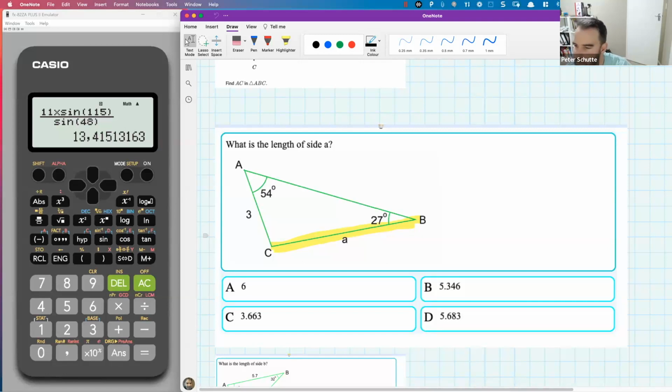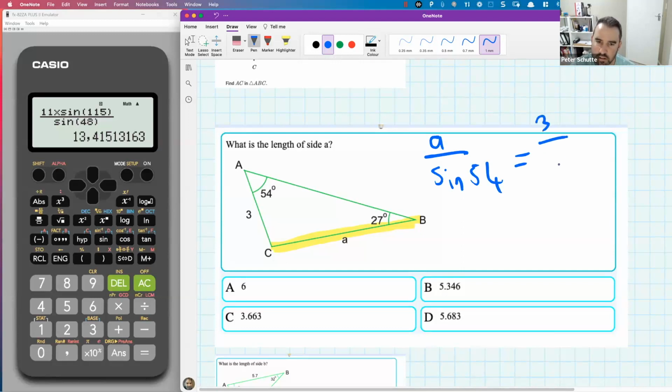Okay, Cass, so you voted for that, but not all the same. I don't know what the answer is. I'm going to have to work it out, but let's see. A over the sine of 54 is equal to 3 over the sine of 27. And then I want to move this thing to the other side, and I'm going to get 3 times the sine of 54.